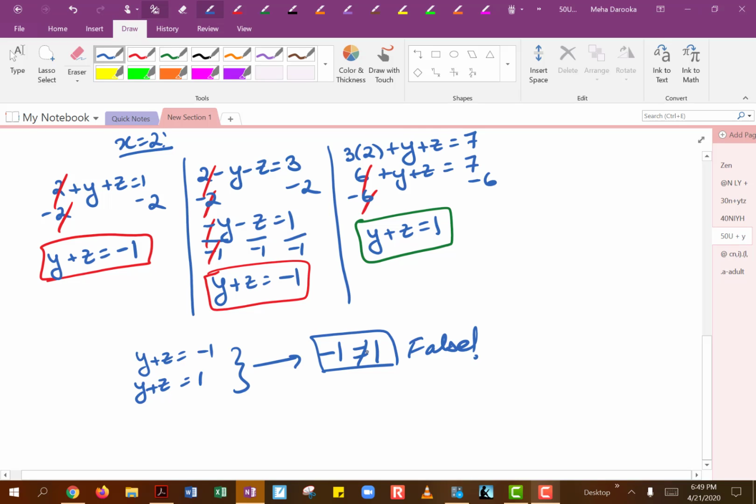So when you get a false statement, this should tell you that, hey, we have an inconsistent system, and of course that means we have no solution to this system over here.